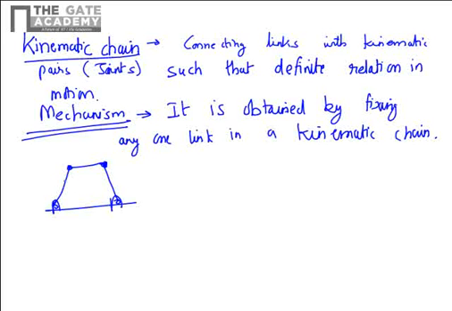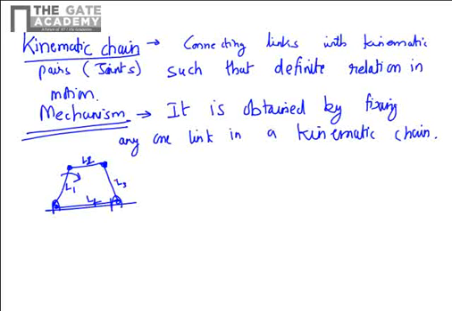So here, as such, this mechanism, this kinematic chain, is having a definite relationship between motion of various links. So there can be only rotational motion of link 1 possible, and we can determine the motion of link 2, link 3, link 4, all of them. However, if this mechanism just lies in space, it doesn't have any real significance.